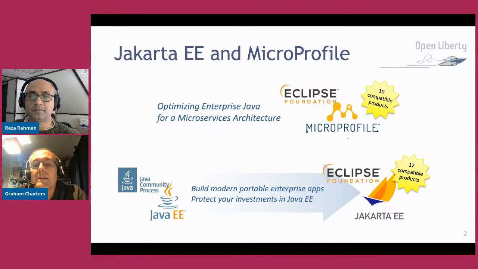It was quickly donated to the Eclipse Foundation and has evolved a great deal since then. So Java EE, Jakarta EE, and Eclipse and MicroProfile are very complementary. MicroProfile builds on a subset of the Jakarta EE technologies to give you a kind of place to evolve your enterprise applications into the microservice world. And again, there are a number of implementations of the MicroProfile technologies.